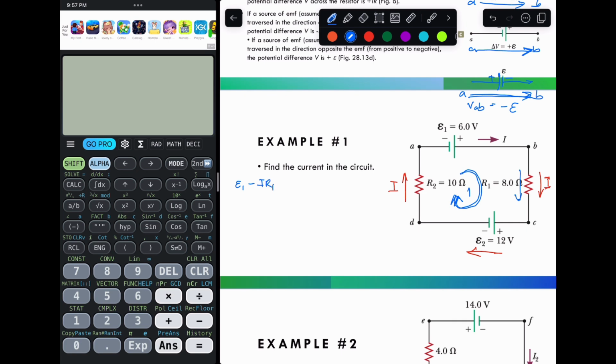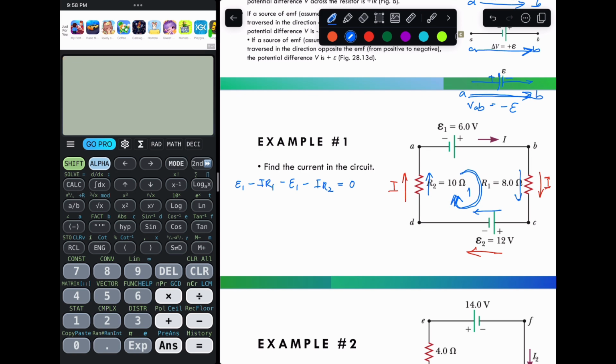And then it enters at the positive terminal and goes out at the negative terminal, so that makes it negative E2. And then lastly, for my R2, the direction of my loop is the same as the direction of the current, so that makes it negative I times R2, which is equal to 0.